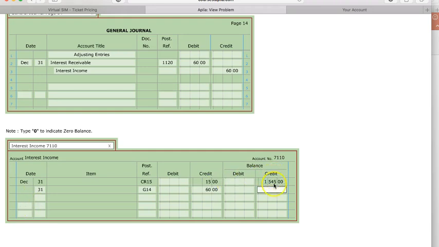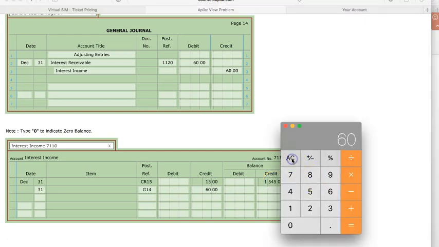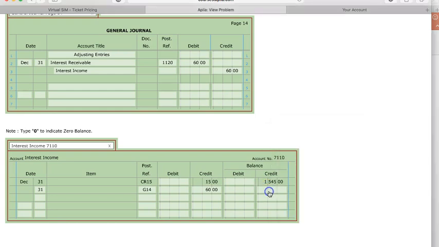So a credit plus a credit we're going to add. So we have $15.45 plus $60, $75.45.